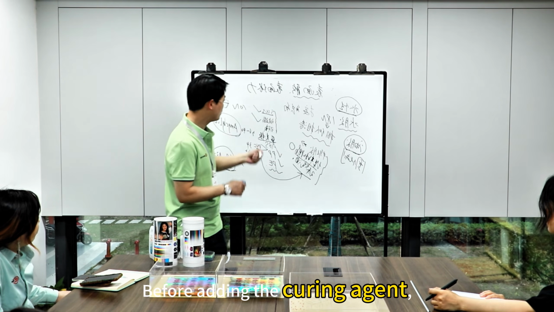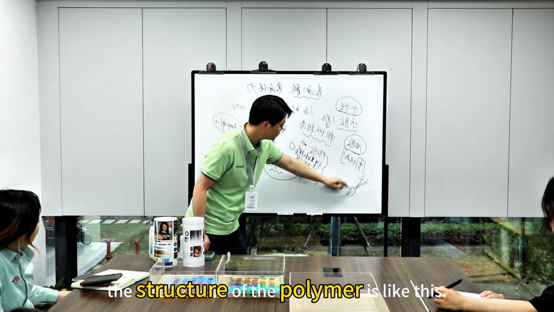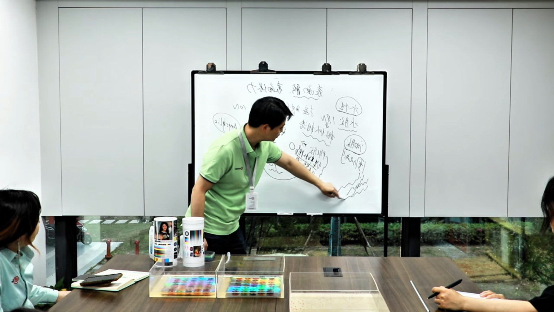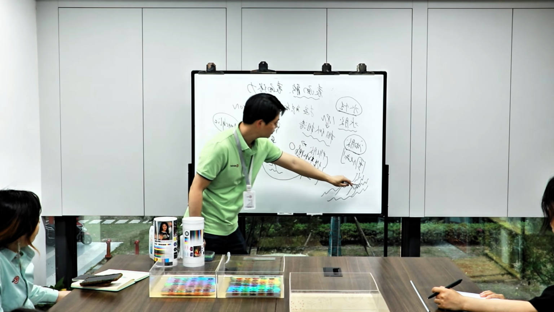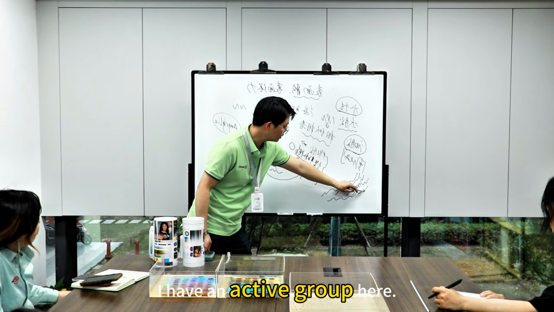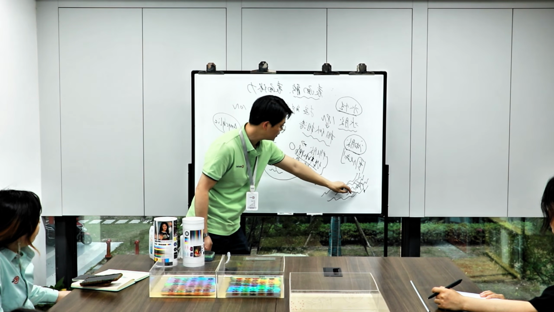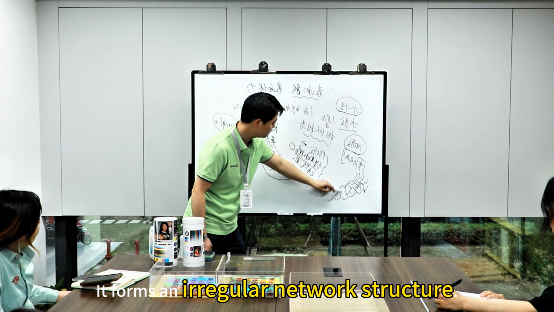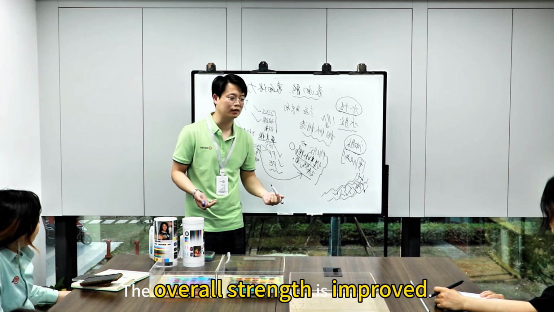Before adding the curing agent, the structure of the polymer is linear. The curing agent has active groups to connect here and here. It forms an irregular network structure. The overall strength is improved.